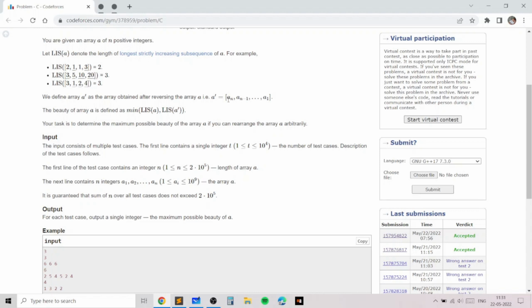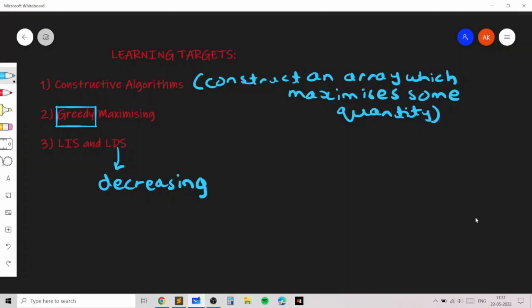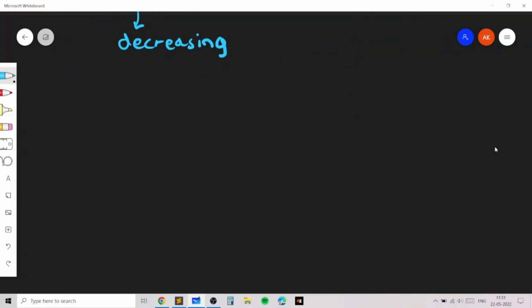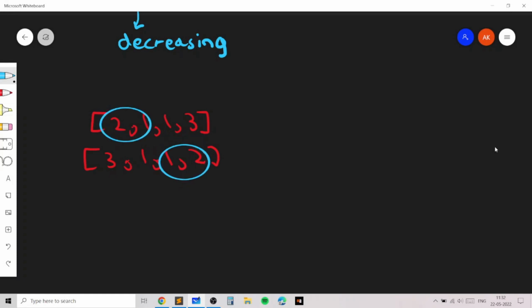Another way to consider the reverse LIS is this: if you take an array, for example, 2, 1, 1, 3, and you reverse it, what you get is 3, 1, 1, 2. If you want to find the LIS of this array, you can see that it's 1, 2. So this is actually the same as the longest decreasing subsequence 2, 1 over here.